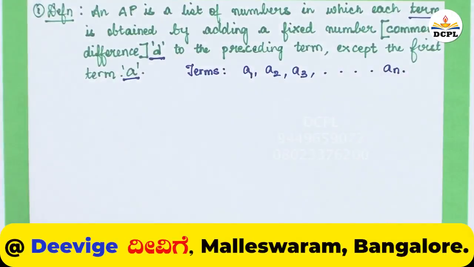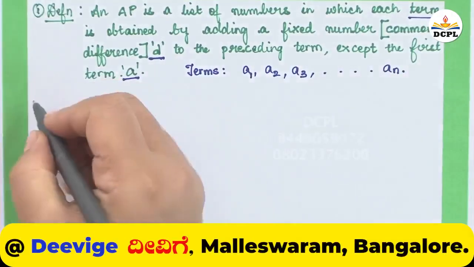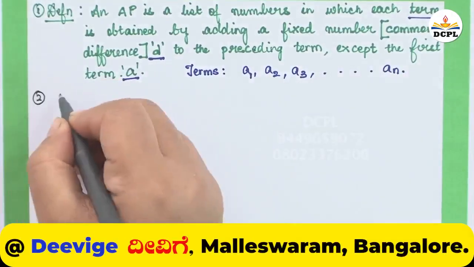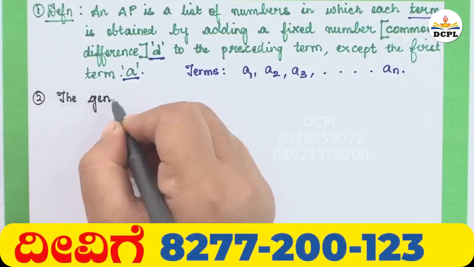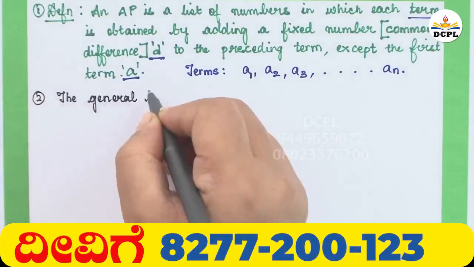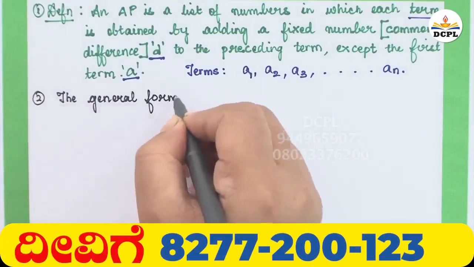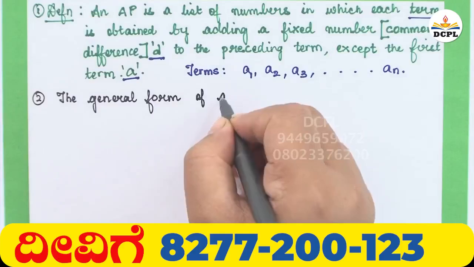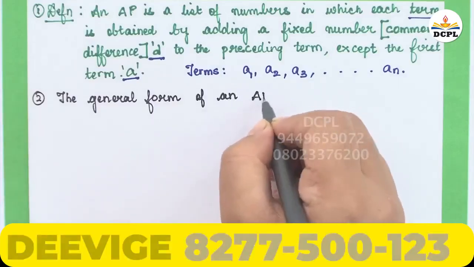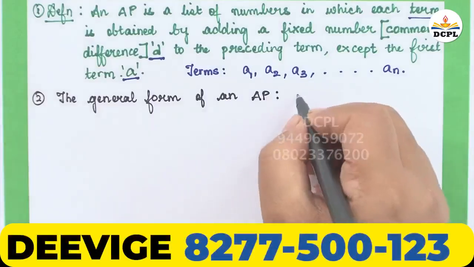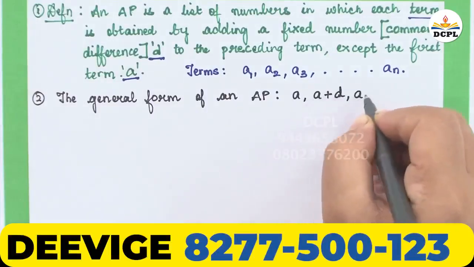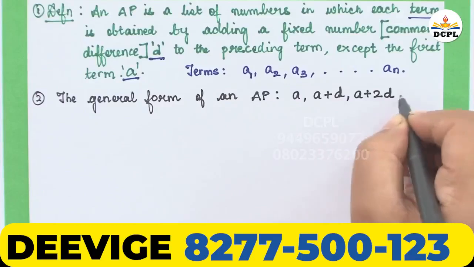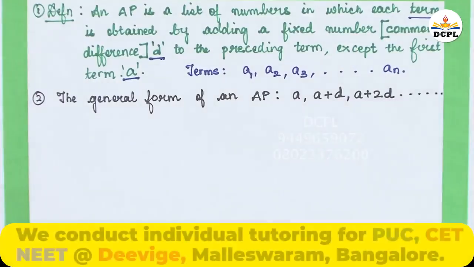The next definition we studied was the general form of an AP, which is given by A plus D, A plus 2D, so on and so forth.